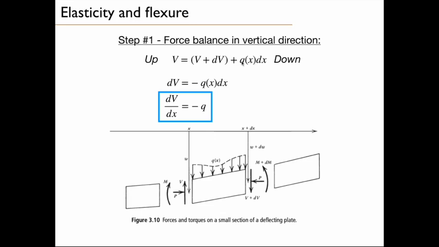Remember, this is a pressure, so we need to multiply it by the length of the element to get the integrated effect of Q. So that's going down, down, and this is up. So you can solve for dV. So dV is equal to minus Q dx. And this equation, you can divide the left-hand side by dx, and you obtain dV/dx equals minus Q.